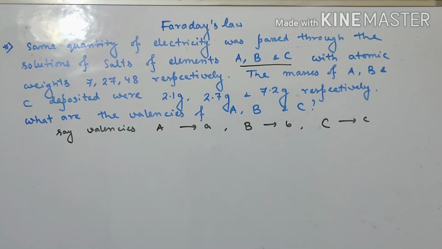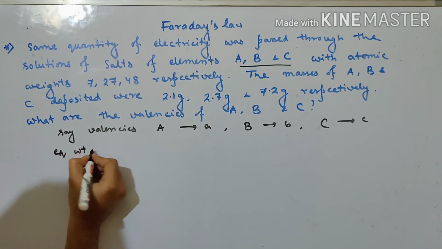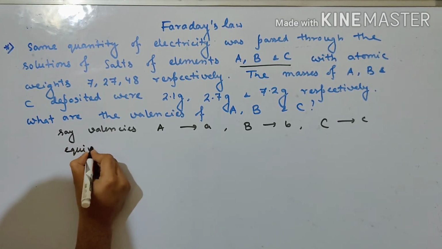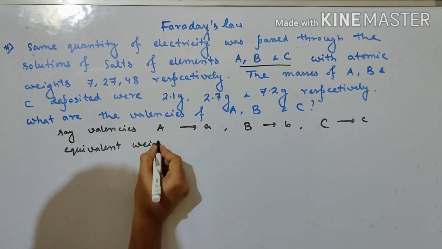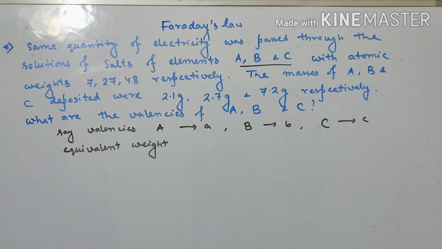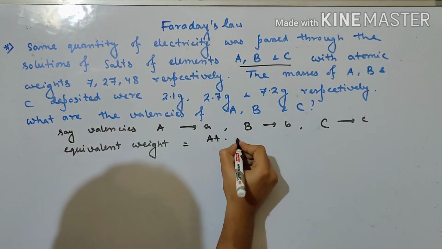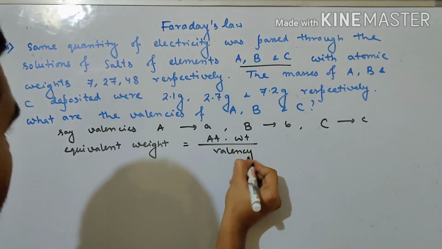Then the equivalent weight will be atomic weight divided by valency. We know that.